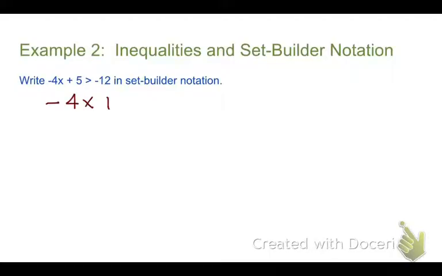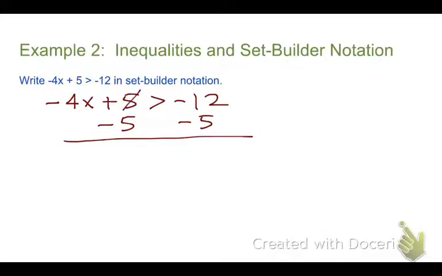So my first step in this case to get the variable all by itself will be to undo the addition by subtracting. So 5 take away 5 is nothing, and I'm left with negative 4x greater than negative 12. Negative 5 makes negative 17.